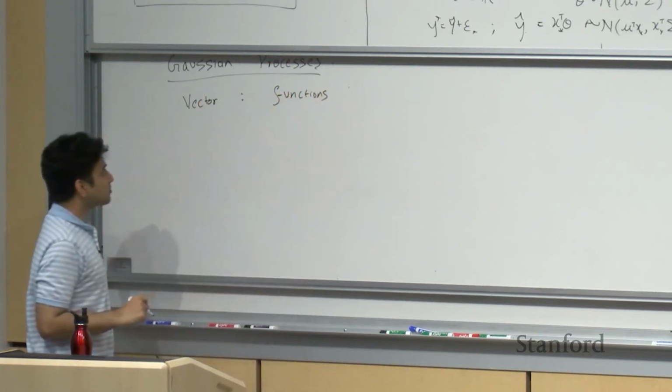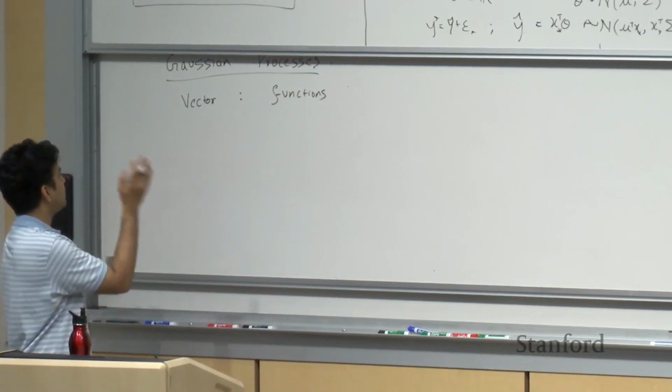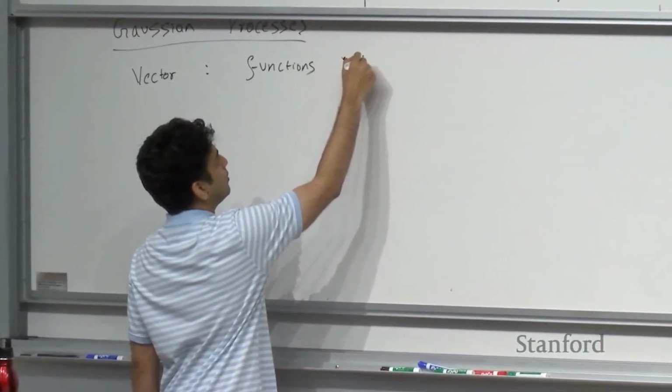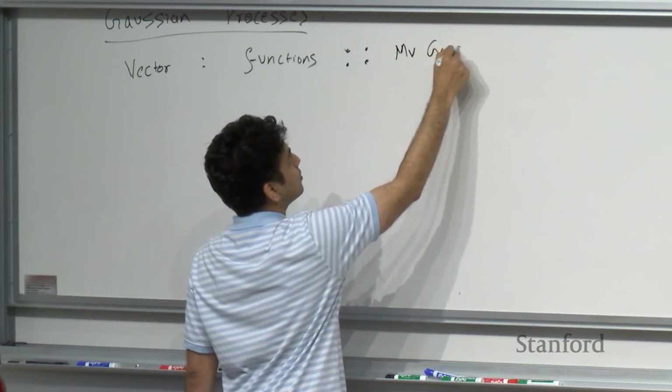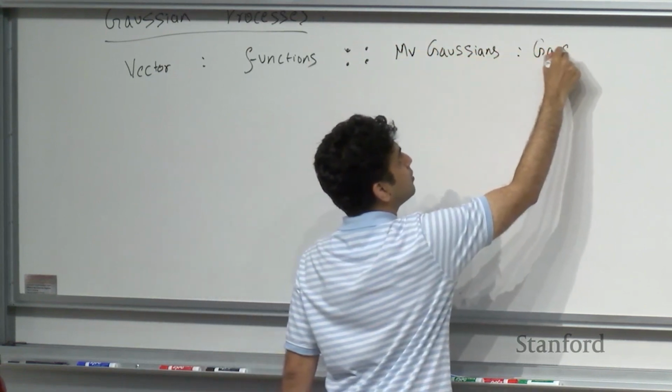Now, mentally, it is the same relation between vectors and functions that exists between multivariate Gaussians and Gaussian processes.